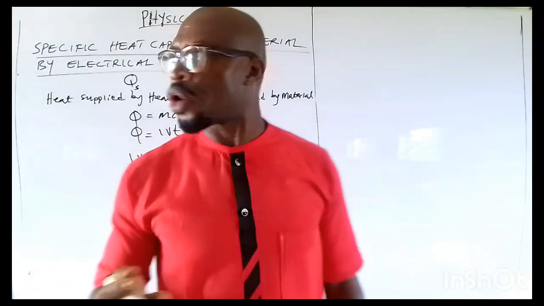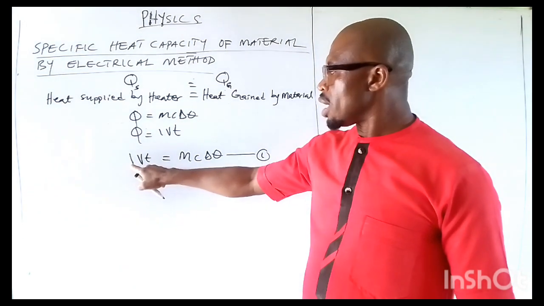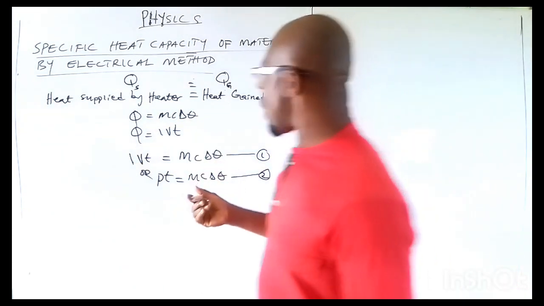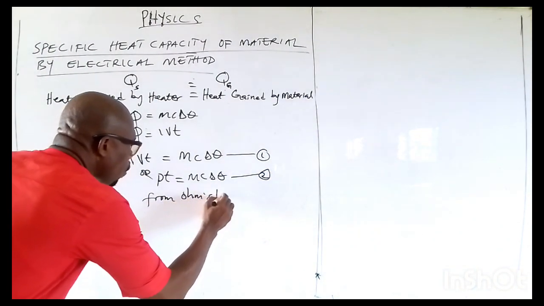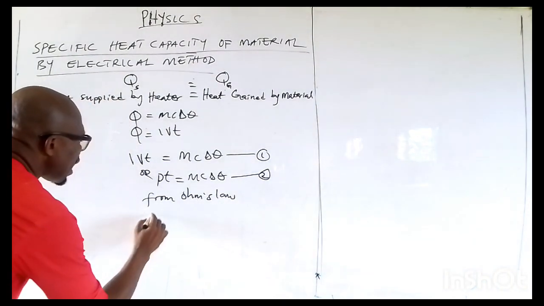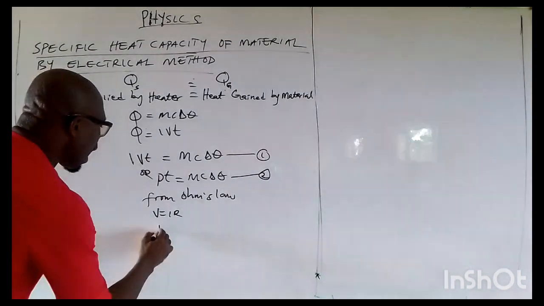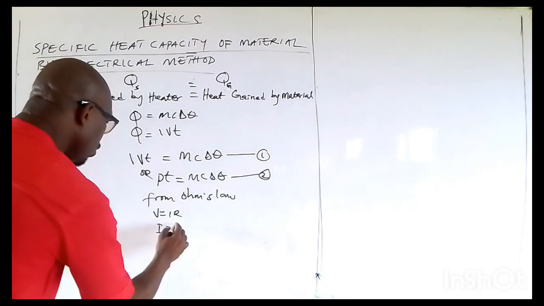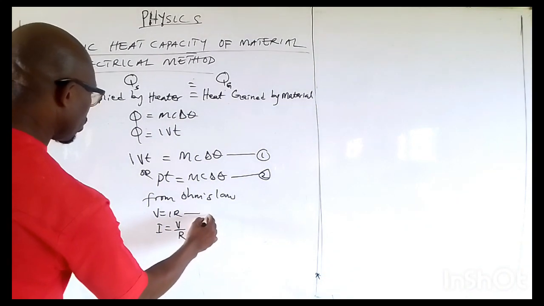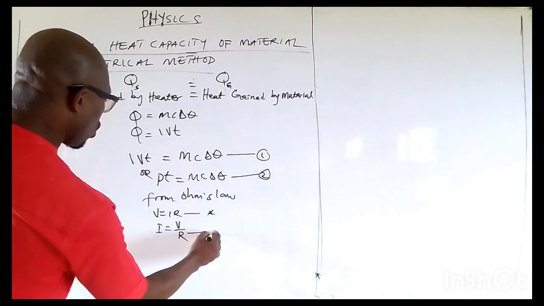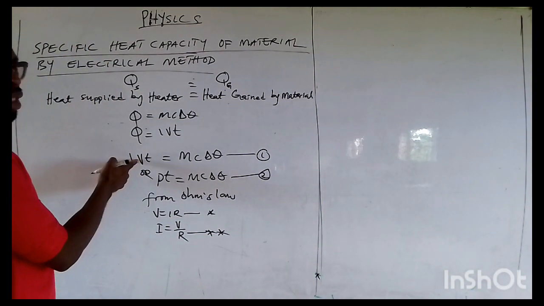From Ohm's law, we can always make substitutions regarding I and V. We have that V is equal to IR, and I itself is equal to V over R. Assuming we call these equation star and double star, we can put them into equation 1.